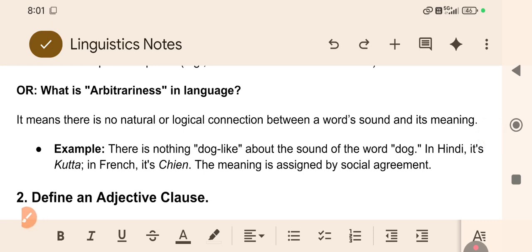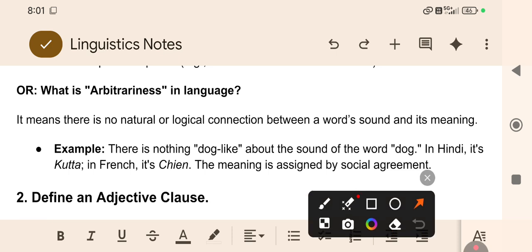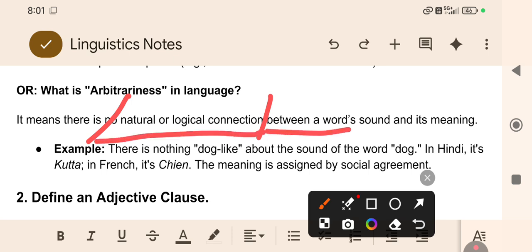Arbitrary in language: that is, there is no natural or logical connection between the word sound and its meaning. If I say fan, then the fan image will come to your mind, and one author has defined language with two terms, signified and signifier, right?